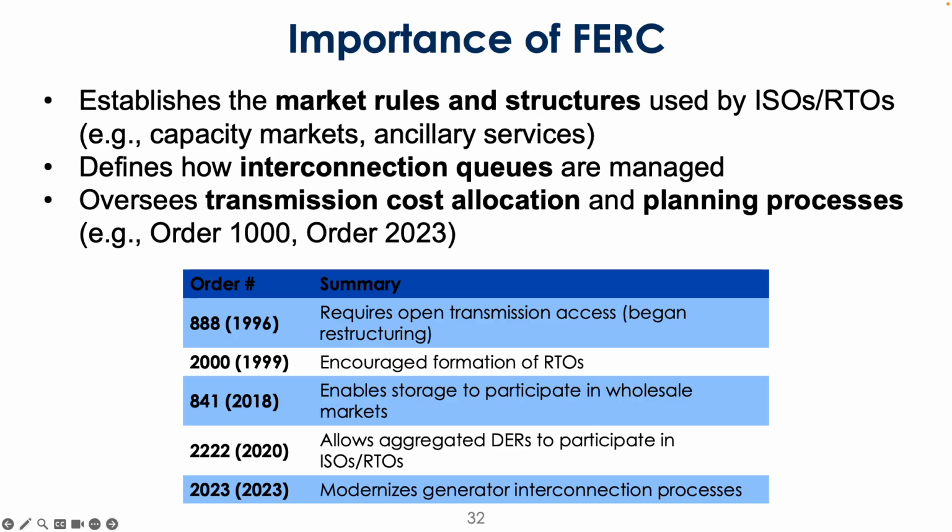The ISOs and the RTOs, the balancing authorities, all play under FERC rules, essentially. And they can't be stricter or less strict? I wouldn't really put it that way. It's more that FERC determines the things that they're allowed to do.